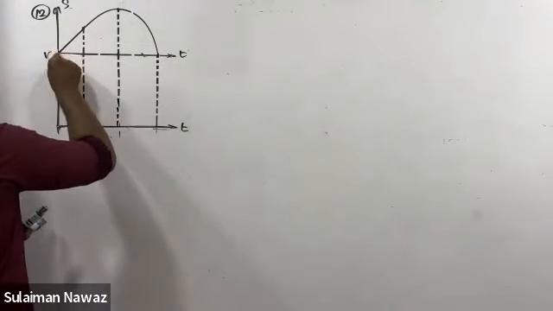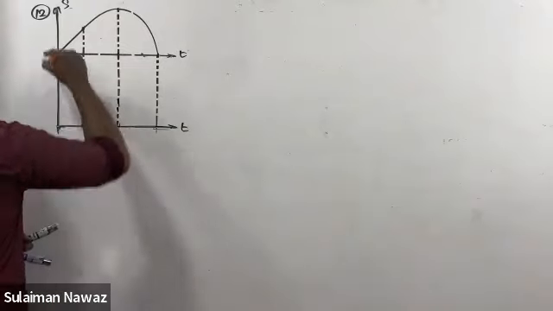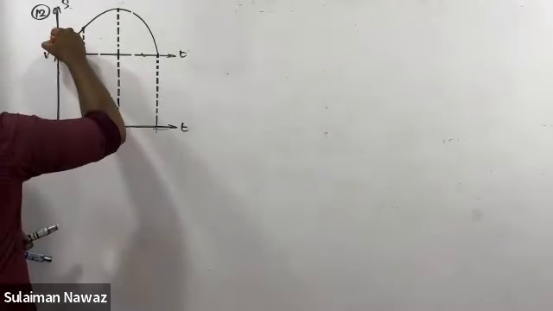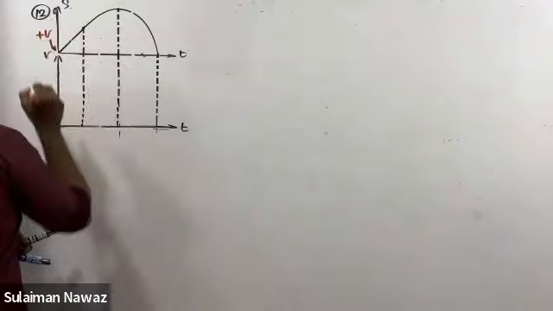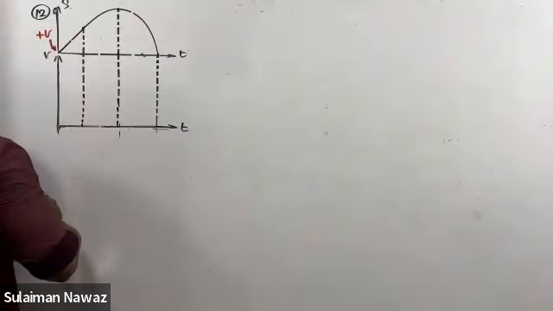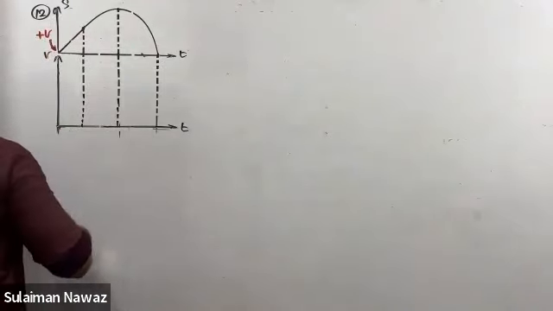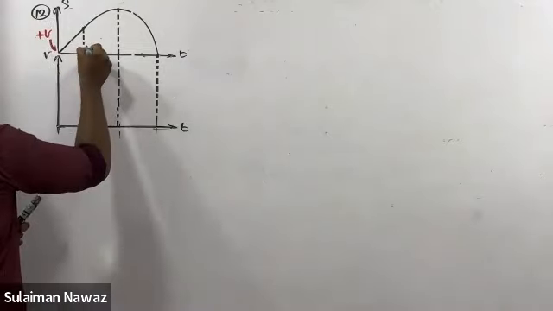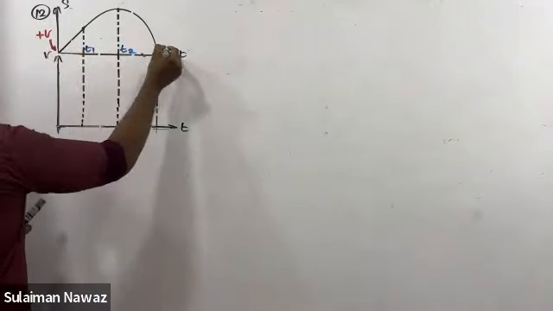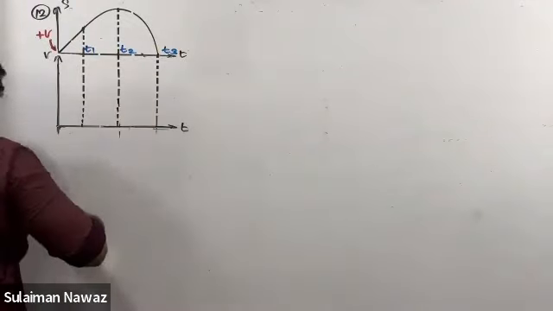Therefore, there's a positive velocity. I say this is t1, t2, t3.